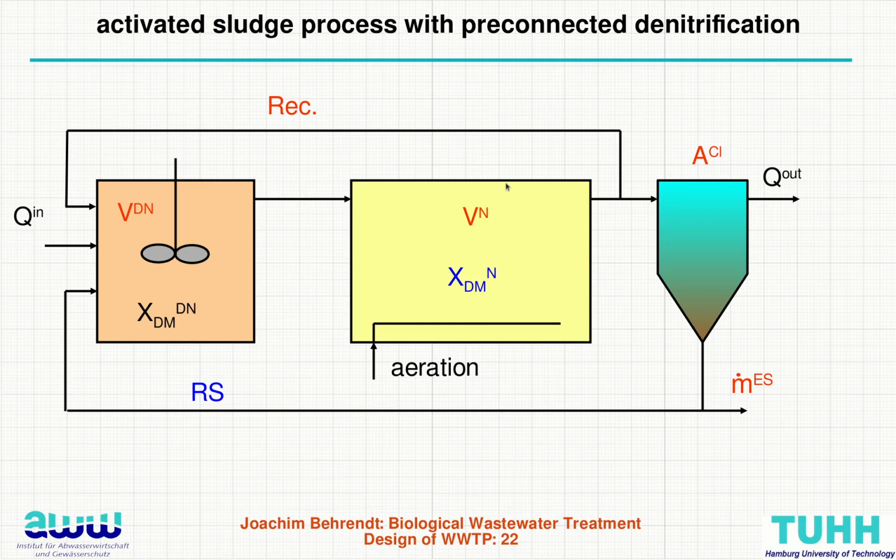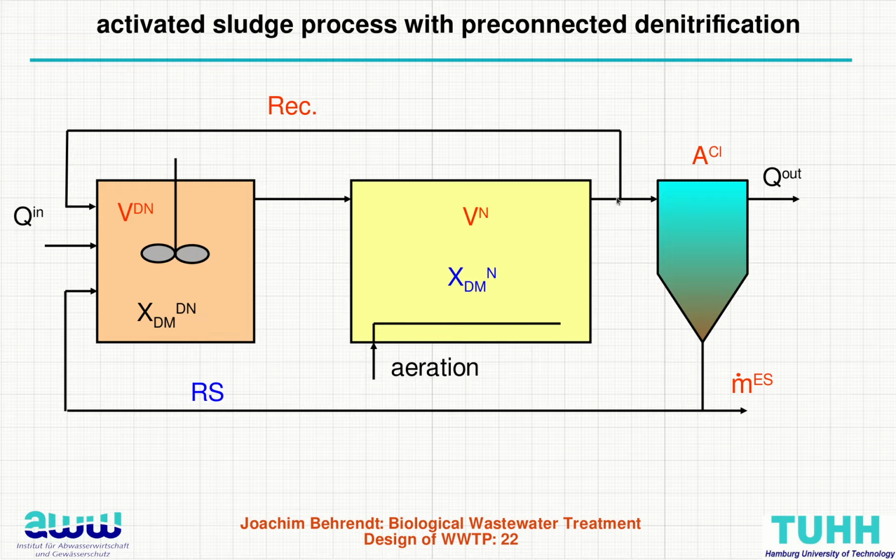The activated sludge process with pre-connected denitrification. There we have the inflow coming in, we have our denitrifying reactor, then the water comes to the nitrifying basin, which is aerated.